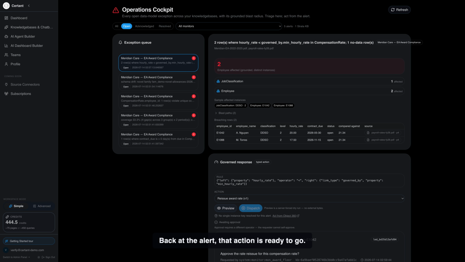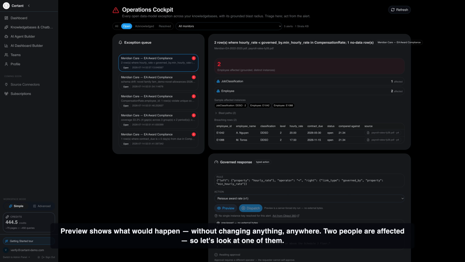Back at the alert, that action is ready to go. Preview shows what would happen without changing anything anywhere. 2 people are affected, so let's look at one of them.